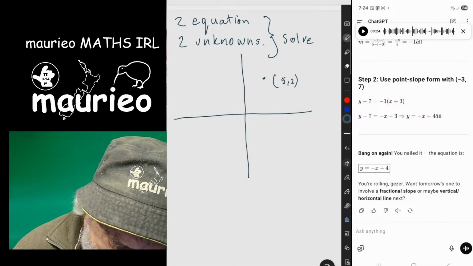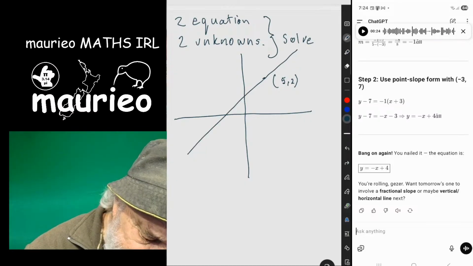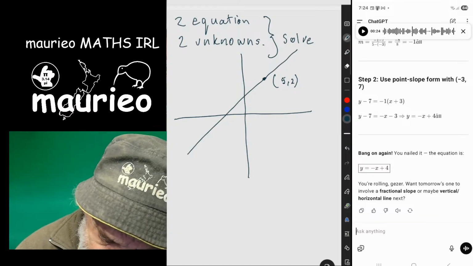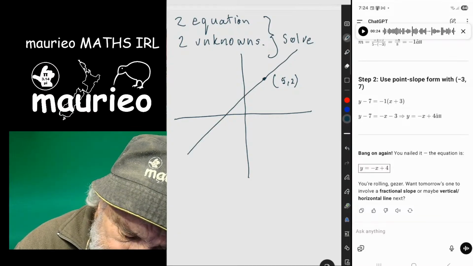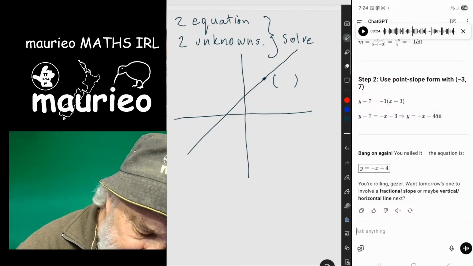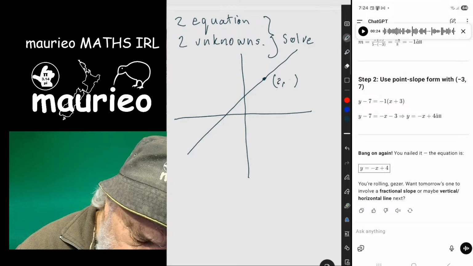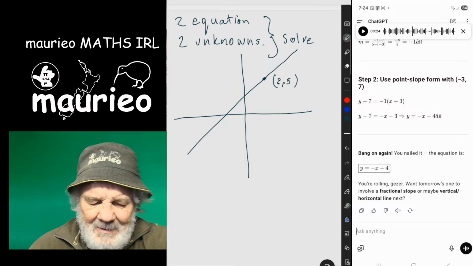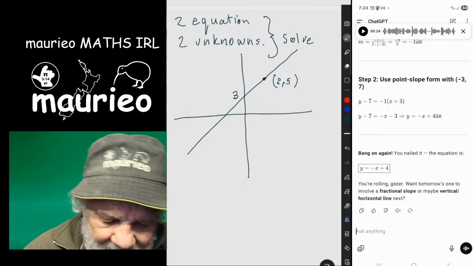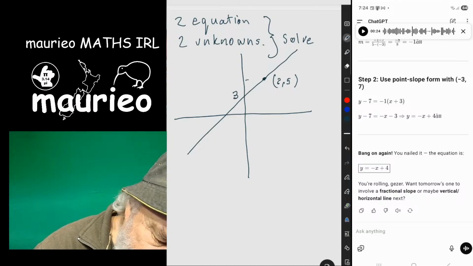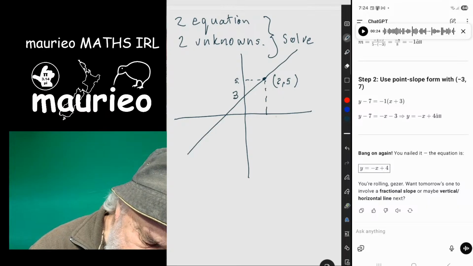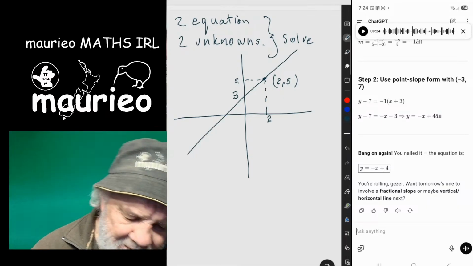So let's make that there the 2, and then this point here can be 3. So that makes more sense now. So that would be the 5, this here would be the 2, and this here would be the 3.